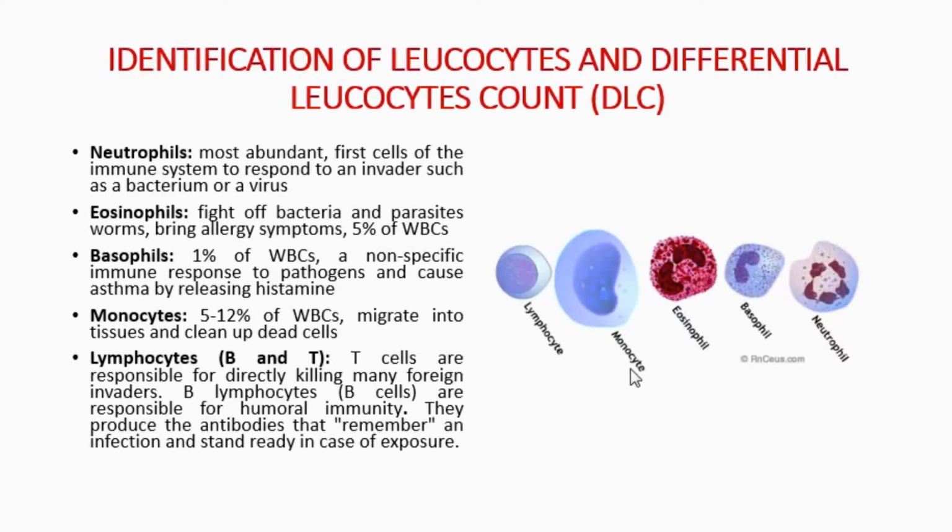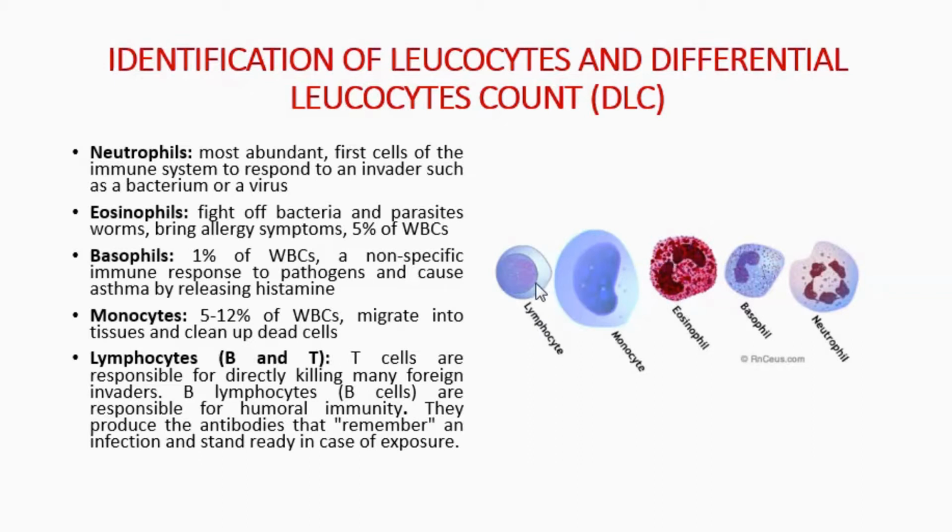How did we identify these WBCs? Monocytes and lymphocytes don't have any cytoplasmic granules, and the eosinophils have bilobed nuclei, their nucleus appears to be in 2 parts, and they are stained with a pinkish color.